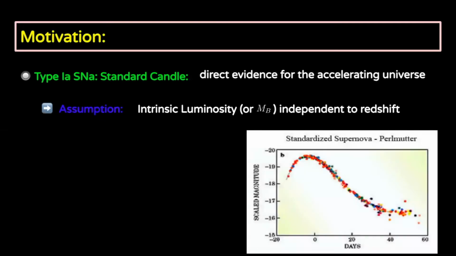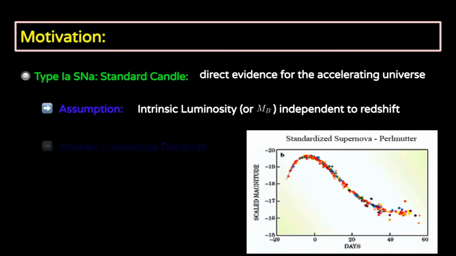That means all type 1a supernovae are formed just after the Chandrasekhar mass limit, so they should have the same absolute magnitude. Therefore the basic assumption behind type 1a supernova analysis is that the intrinsic luminosity of a supernova is independent of the redshift.